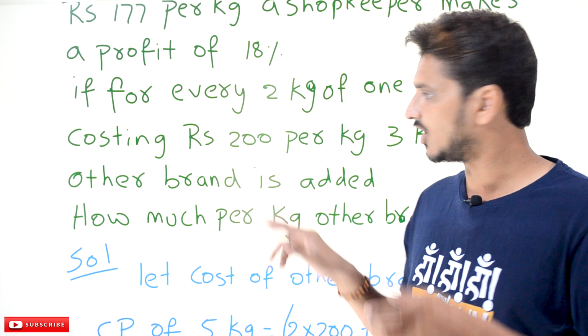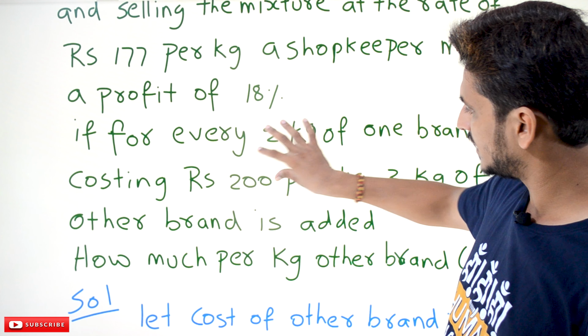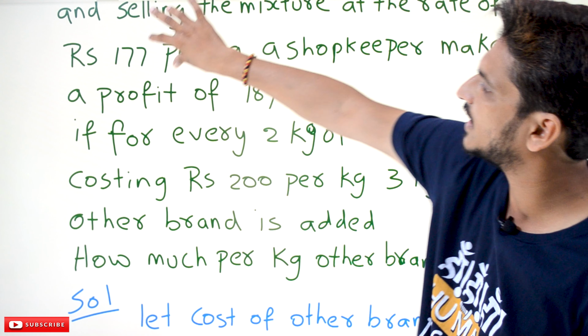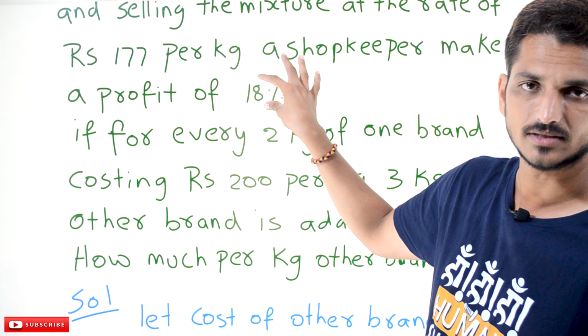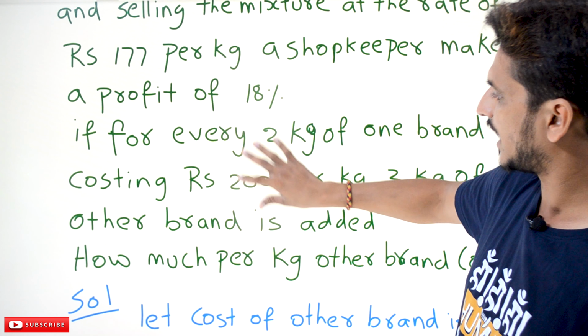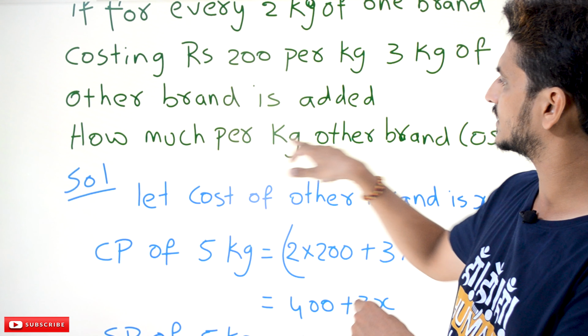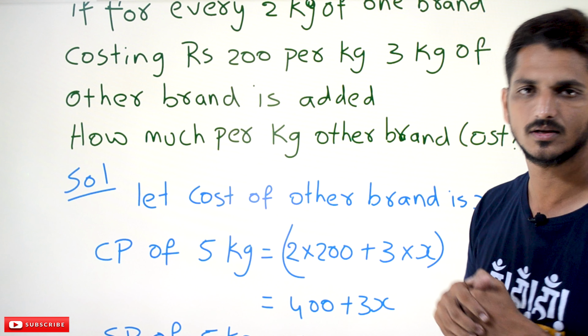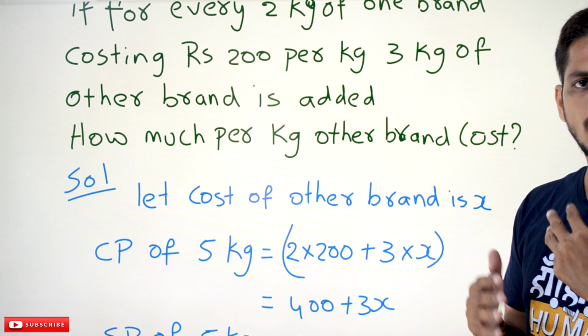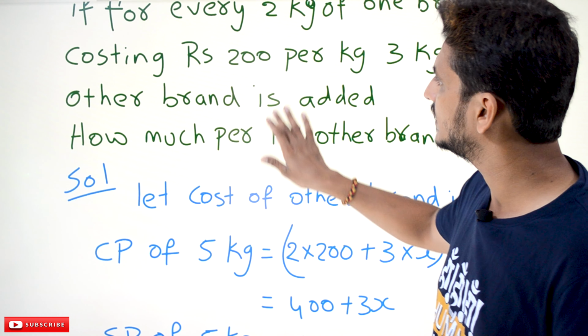This is exactly opposite. There they provided the first brand cost and second brand cost, and asked for the selling price and gain percentage. Here they have provided selling price and gain percentage, and one of the brand costs, and they are asking for the second brand cost. How much per kg does the other brand cost? Exactly opposite. If you understand the concepts, it's very easy.